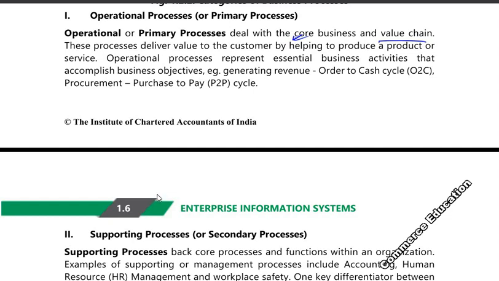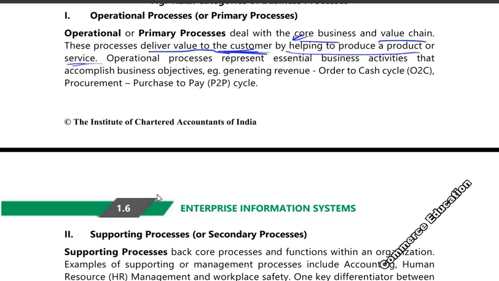These are primary processes. These are core business processes and provide value. These processes deliver value to the customer directly by helping them to produce product and service.